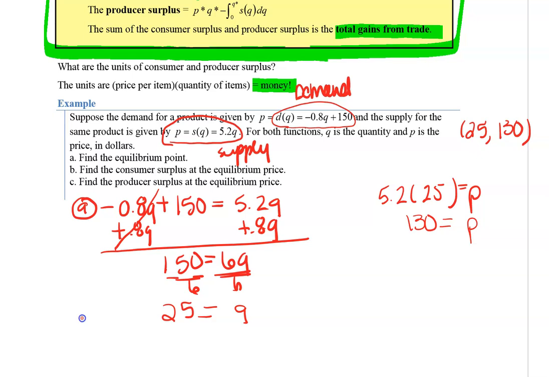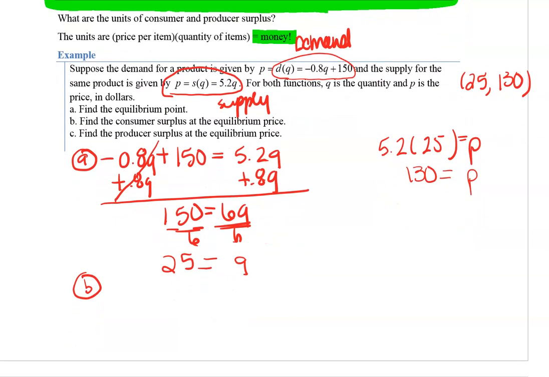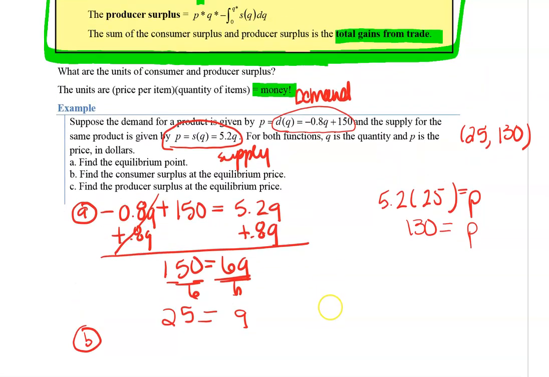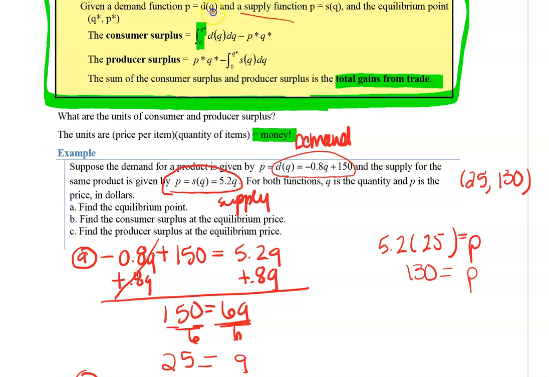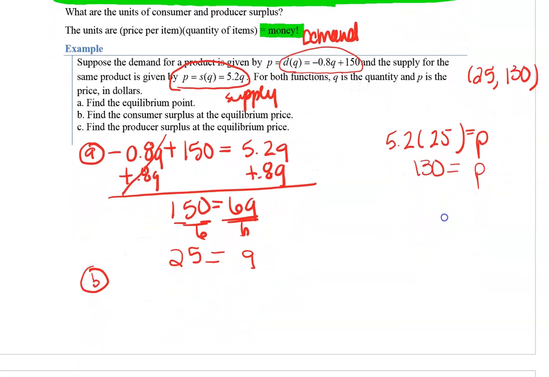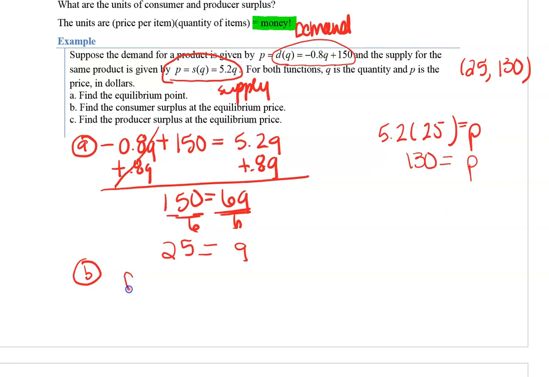Now, for B, we want to find the consumer surplus at the equilibrium point. So in order to find the consumer surplus, we're going to use this equation up here, and let's work through that with the data that we have. So we are looking at the definite integral from 0 to the x value of our equilibrium point, which was 25. Then it says that we need dq.